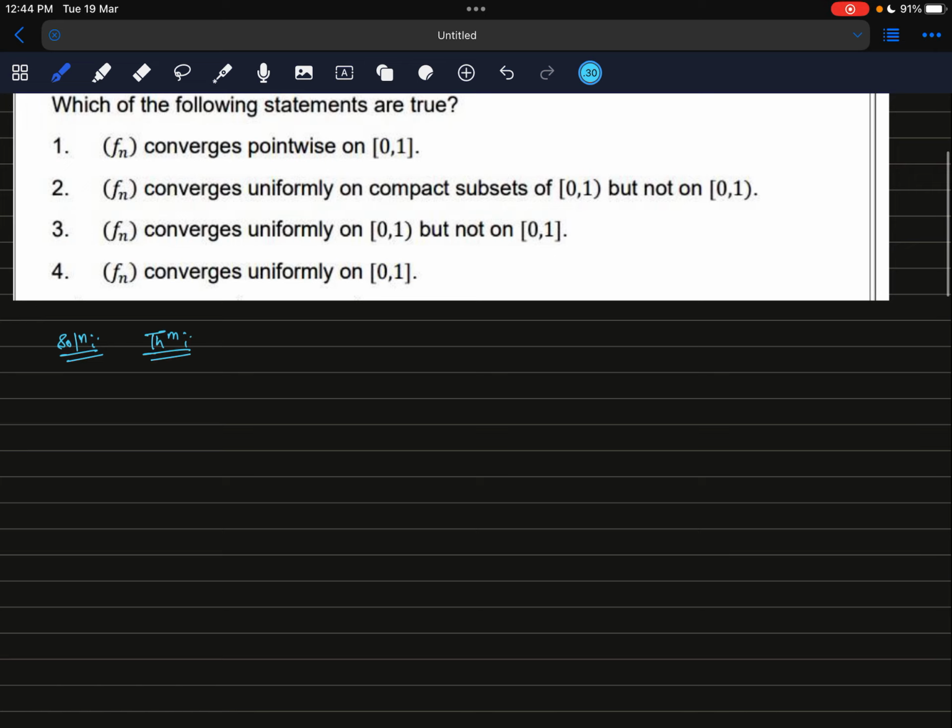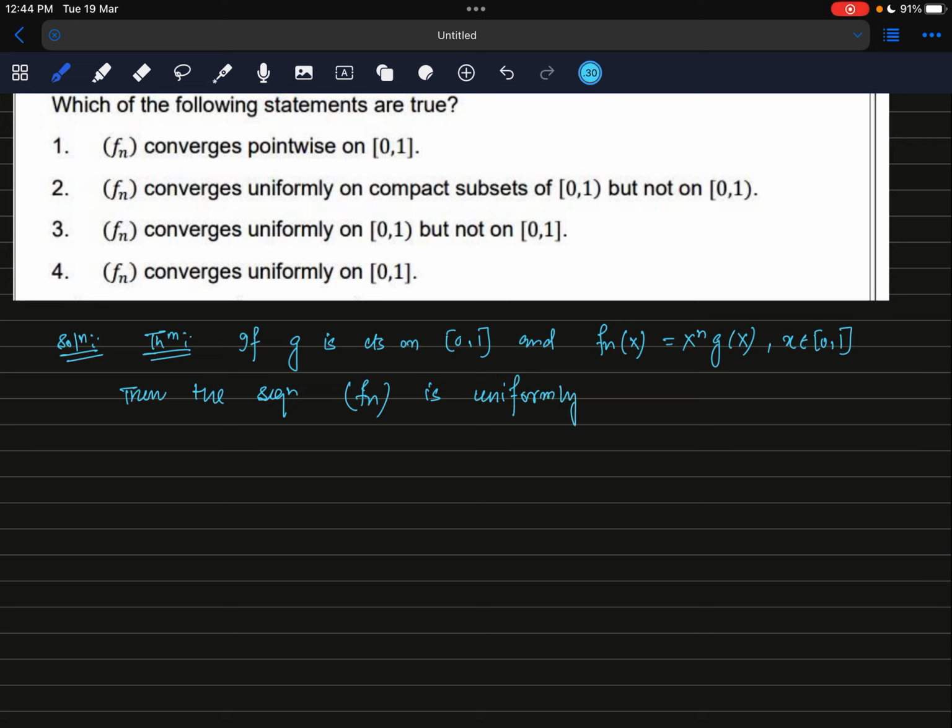Theorem: if g is continuous on this interval and f_n(x) is of this type, where x belongs to the closed interval [0,1], then the sequence f_n is uniformly convergent on this interval if and only if g(1) equals 0.